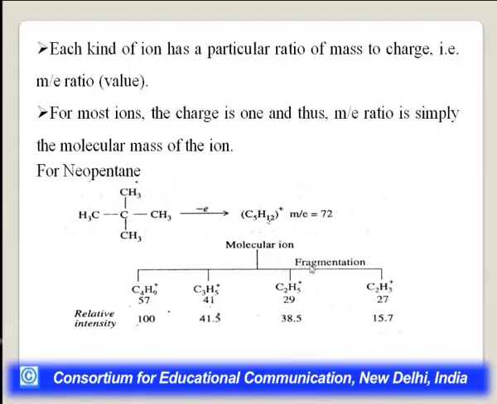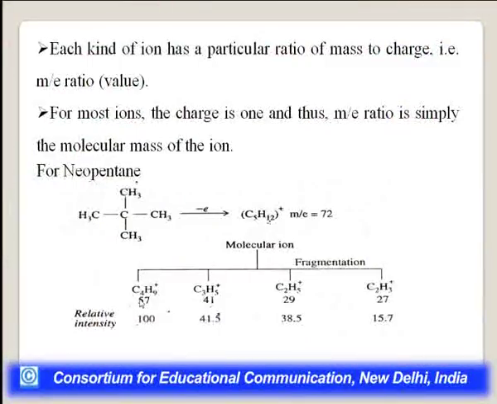Now if we see the fragmentation, or different fragments of the molecular ion, these are the possible fragments. How will it fragment? How a molecular ion will undergo a particular fragmentation, we will discuss in coming slides, because this is an important thing.